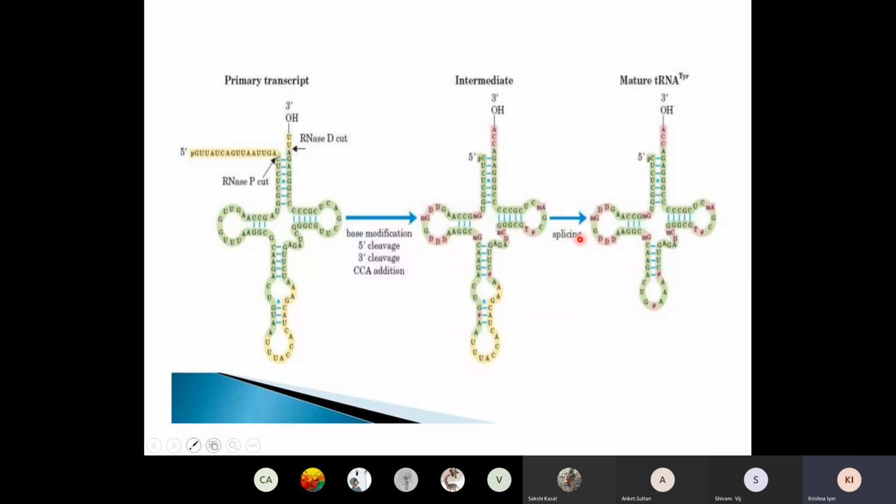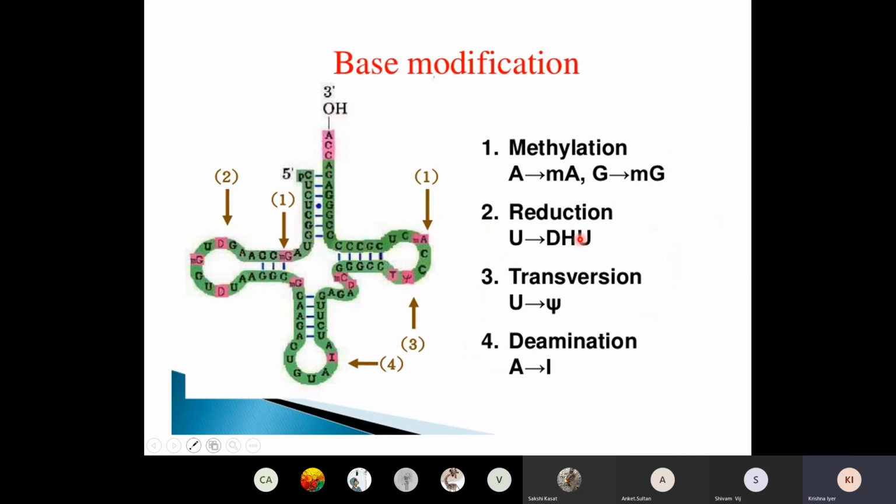Now, in addition to this, other things that happen at the level of tRNA is what is called base modification. If you remember, when you studied tRNA early on in your 11th and 12th, they talk about tRNA having what is called a clover leaf structure. Clover leaf is a leaf which has three leaves attached to one stalk.